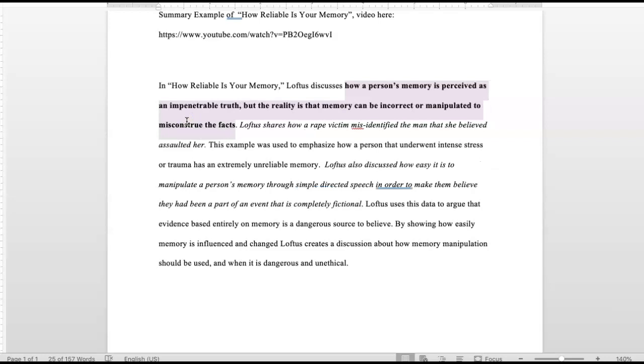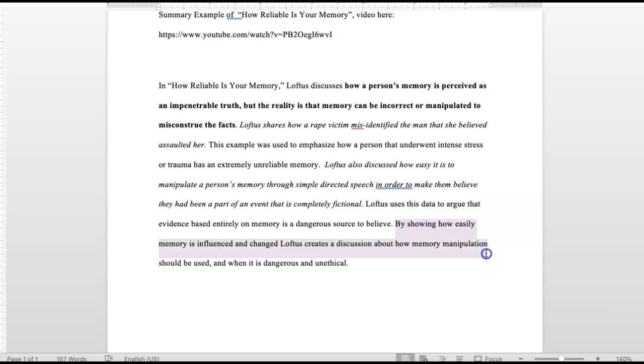You have the main idea here, and then two big details that support the main idea, how she got there, right? How Loftus got there. And then you have these details here in their one sentence that support the big detail.